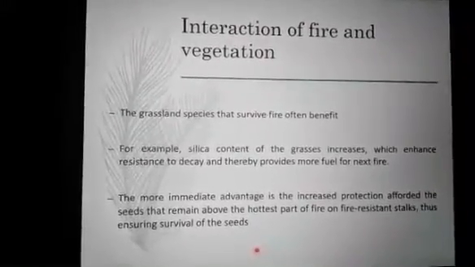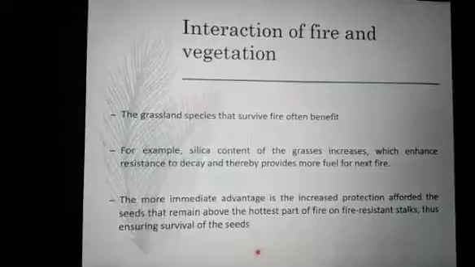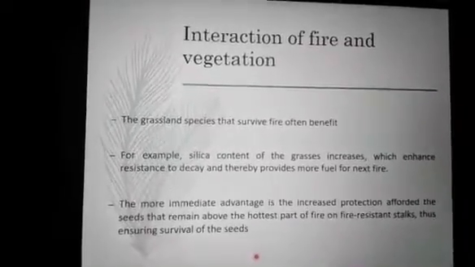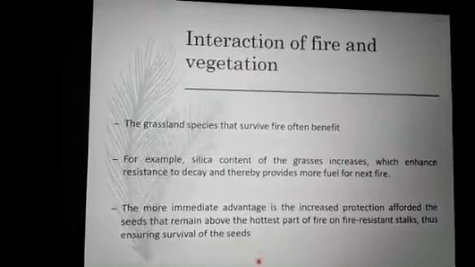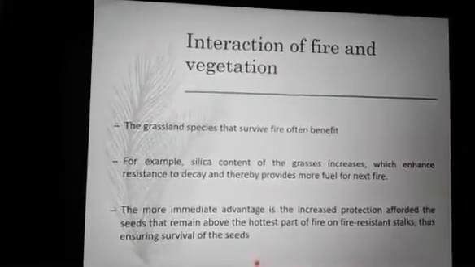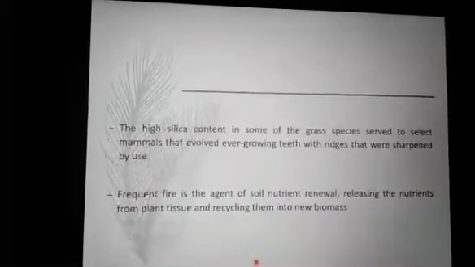So the more immediate advantage is the increased protection afforded the seeds that remain above the hottest part of the fire on fire-resistant stock, thus ensuring survival of the seeds.